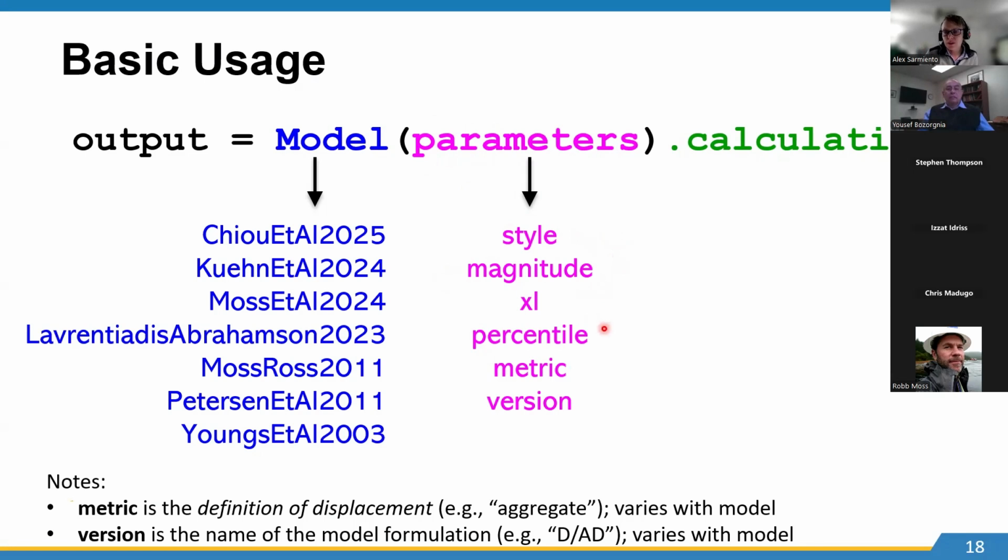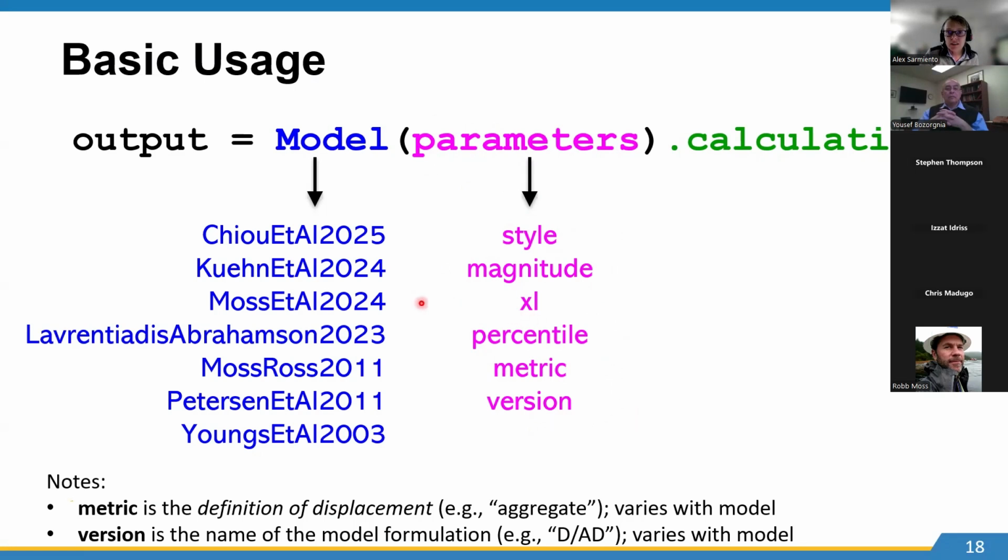Percentile is our aleatory quantile of interest for the deterministic assessment. And metric is what we use to describe the definition of displacement that's used in a model. So this can be aggregate or principal, depending on the model. And then version is the name of the model formulation.